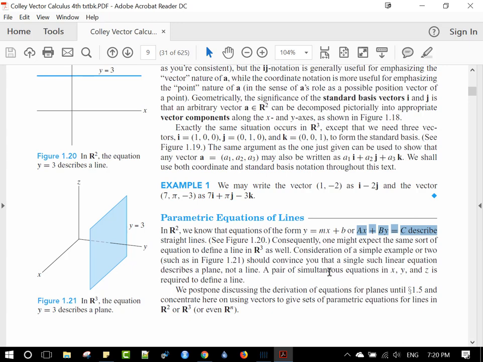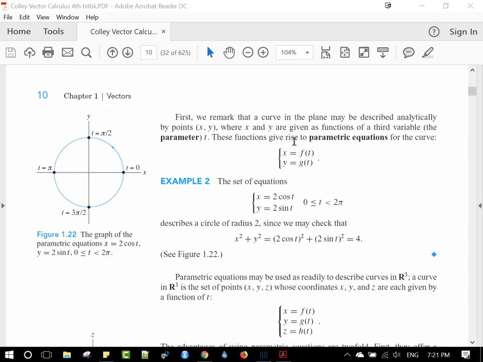So if you have a single equation in R3, that means in x, y, and z, it won't define a line, it will define a plane. It's just like this defines a plane. Okay. It says we postpone the discussion of derivation of equations of planes till section 5.